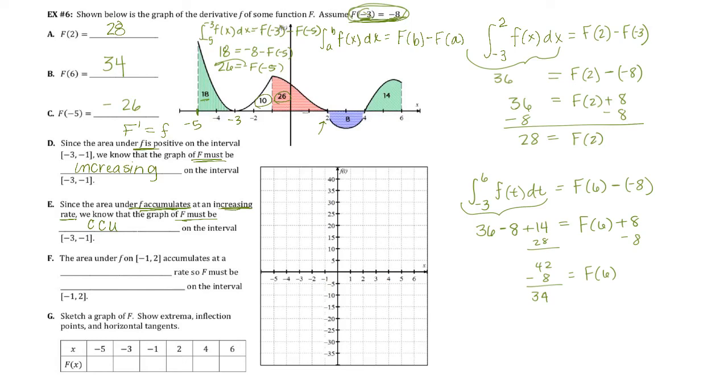Notice that the area that's bounded is decreasing. Okay, so it's a decreasing rate, so we're talking about the rate of a rate, so F is going to be concave down over that interval. And whether or not we sketch here, I don't care if we sketch this one or not, so y'all don't worry about part G.